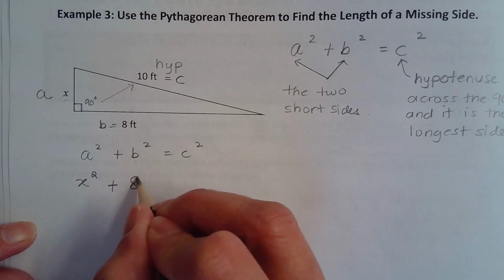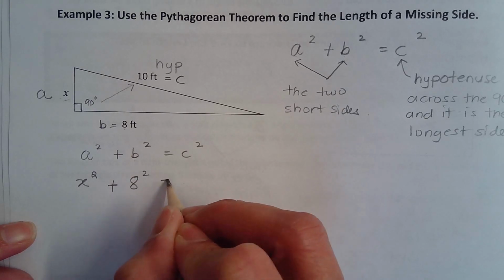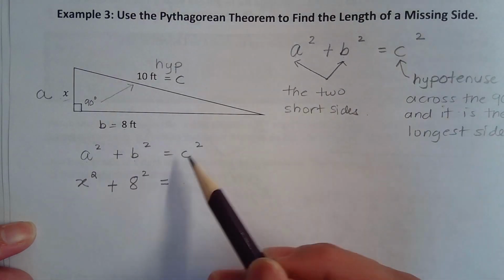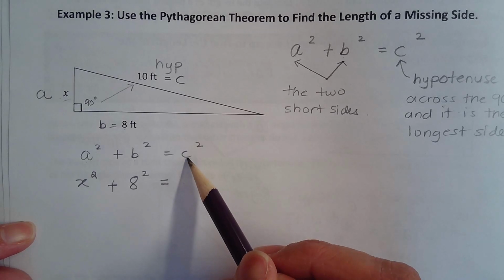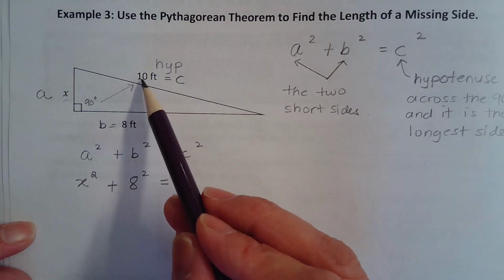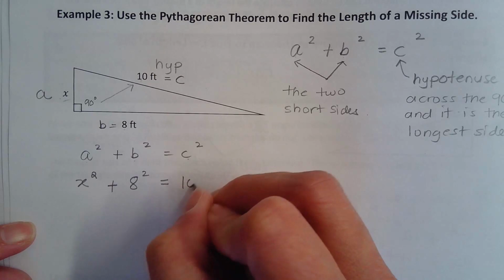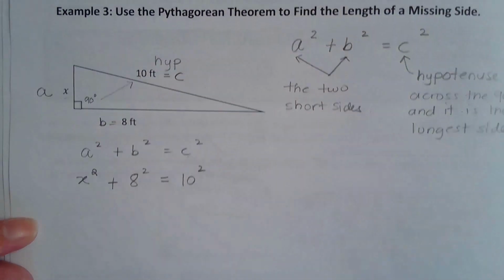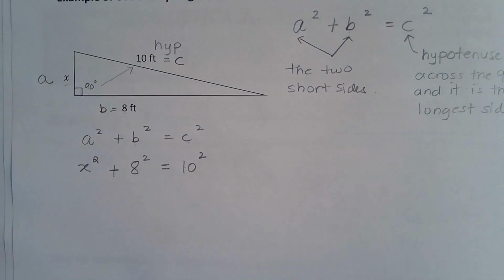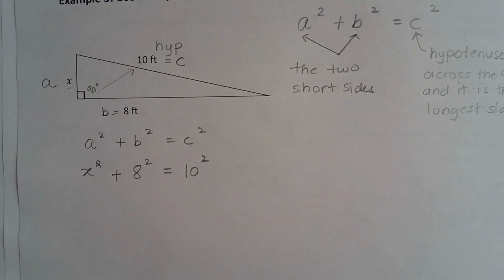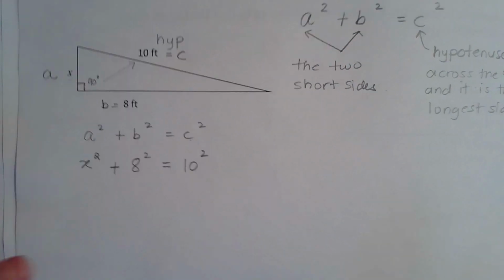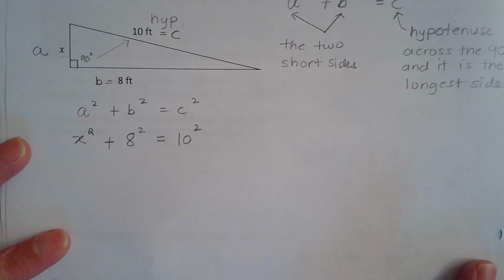So 8 squared equals c squared, that's going to be the 10, so 10 squared. So here we're going to solve for x, figure out that x value.